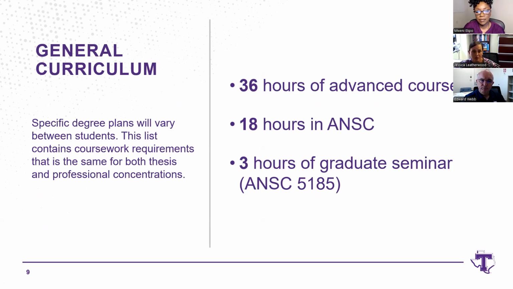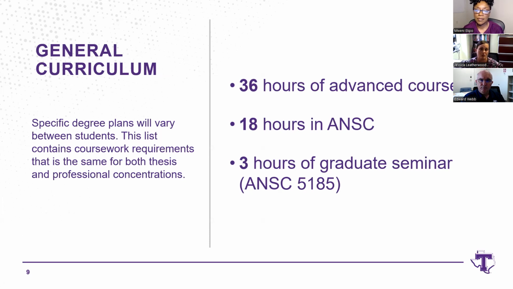So in general, when we think about the curriculum or the coursework, specific degree plans will vary between students, thinking about that advisory committee. This list contains the coursework requirements that are the same for both thesis and professional concentrations. Overall, it's 36 hours of advanced coursework, and you have to have 18 hours in the animal science discipline.